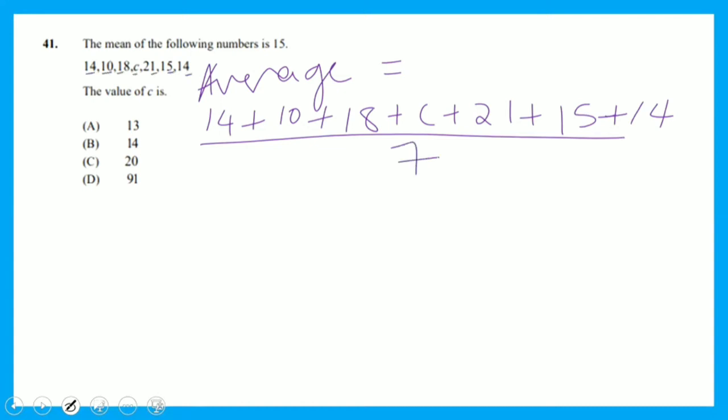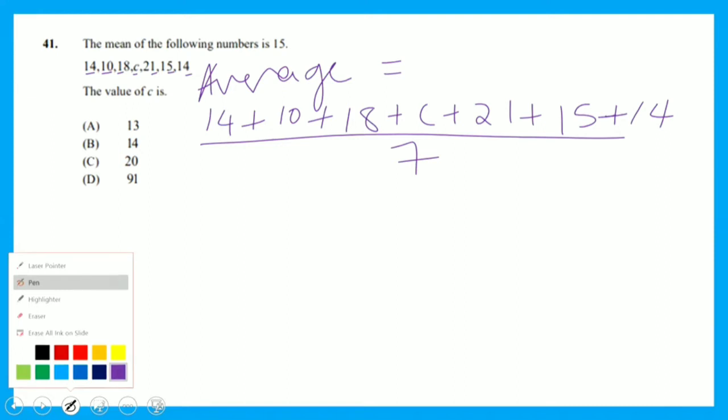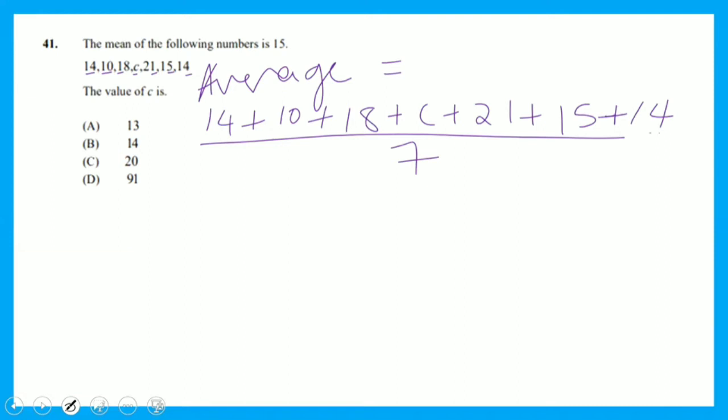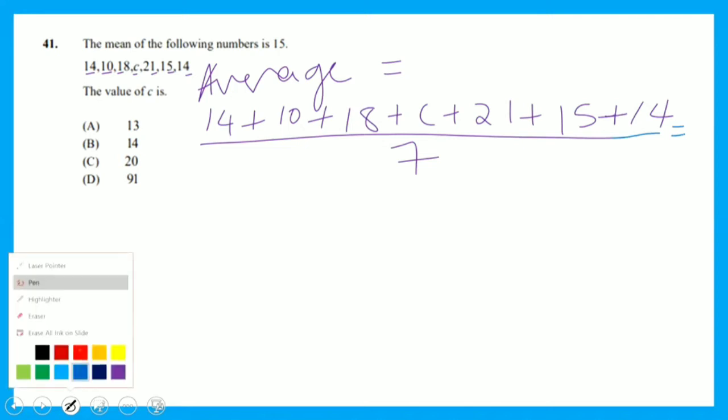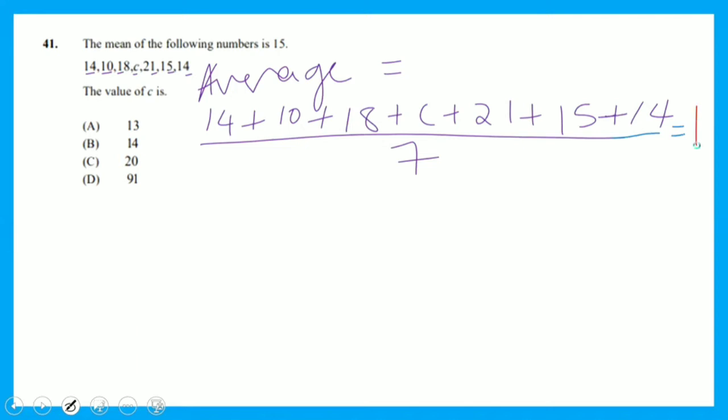When we work that out, the answer we get, as the question said, is 15. So average equals 15. When we add the numbers, the numerator is going to be 92 plus C, and that's still over 7 equals 15.